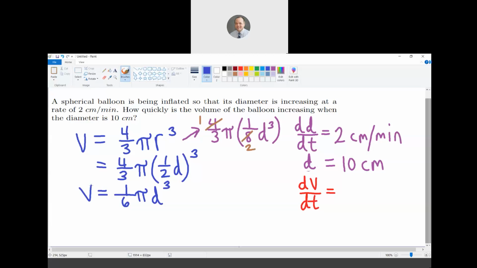Now we're ready to take the derivative of both sides of our formula. The derivative of V with respect to time is the ratio dV over dt. On the right-hand side, when we take the derivative, we move the 3 to the front and multiply it by the 1/6 pi. And we still subtract 1 from the original exponent, giving us d squared.